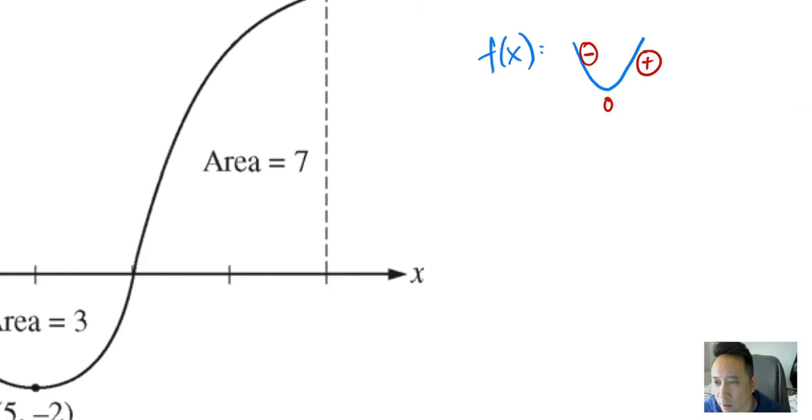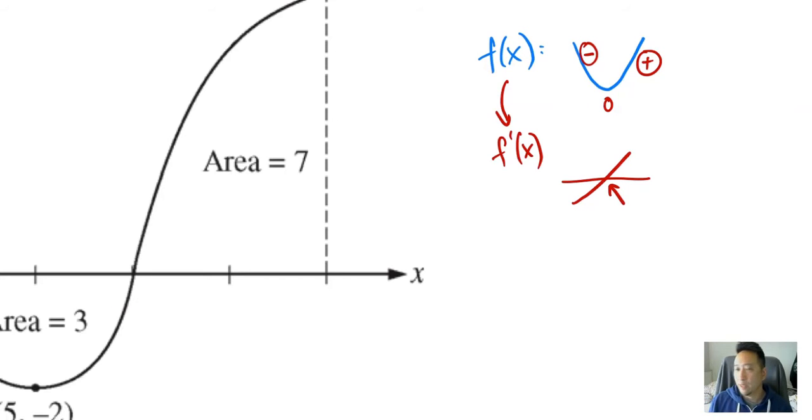Okay, so translating that into a derivative graph, remember, a negative slope, you're underneath the x-axis, a zero slope, you're touching the x-axis, and a positive slope, you are above the x-axis. So on a derivative graph, it'll look like something like this. That intersection there is my relative minimum.